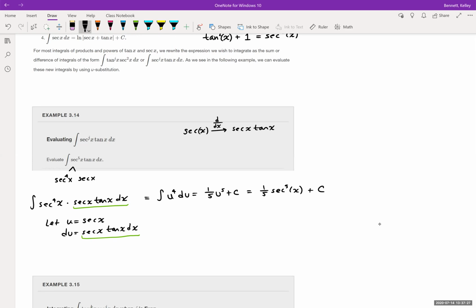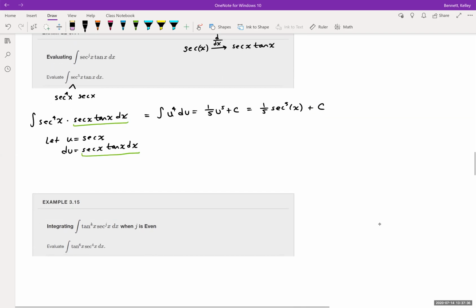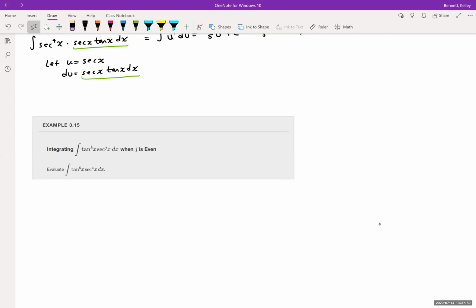So that's the idea there. When we can't peel off that secant tangent, we're going to have to, well, you'll see. We still want a secant tangent out of this, but it's going to be a little bit more creative.